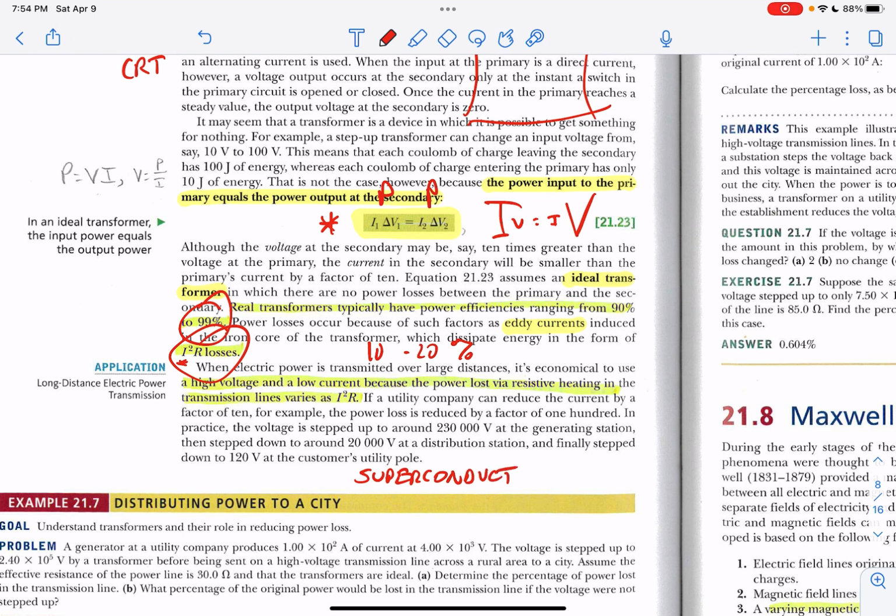If we can do superconductivity and basically have almost zero energy loss, then we will be saving 10 to 20% of the electrical energy we generate every year.